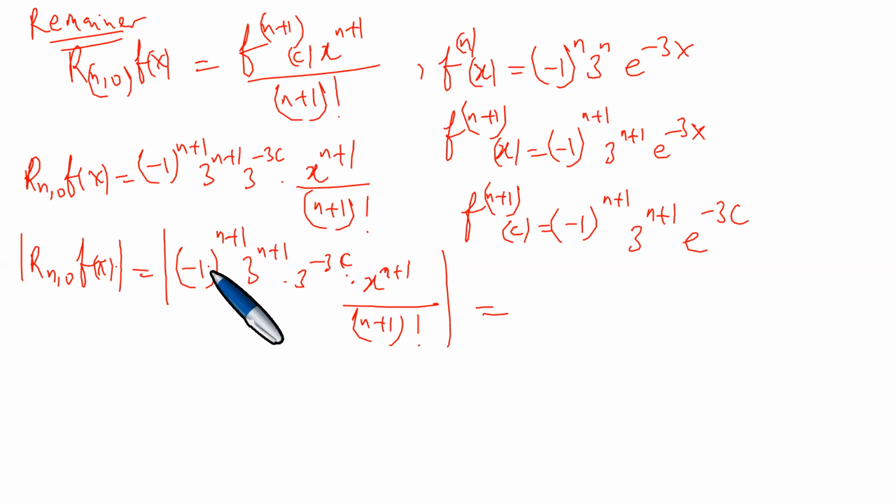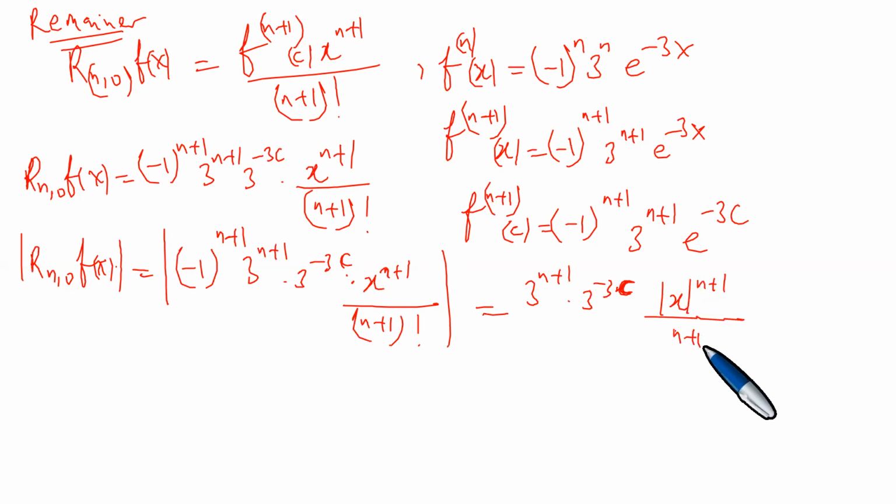So now the modulus is going to remove the minus, giving 3 to the n plus 1. And then this is x to the n plus 1 divided by n plus 1 factorial.